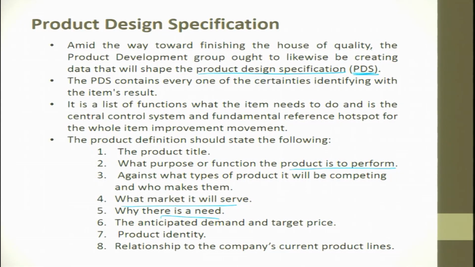It took a lot of time for customers to accept, and then they started accepting, and today they have their own niche market. Okay. So, the relationship of the company's current product line also plays an important role while releasing the product. Okay. So, these are all important product definitions which should be stated.